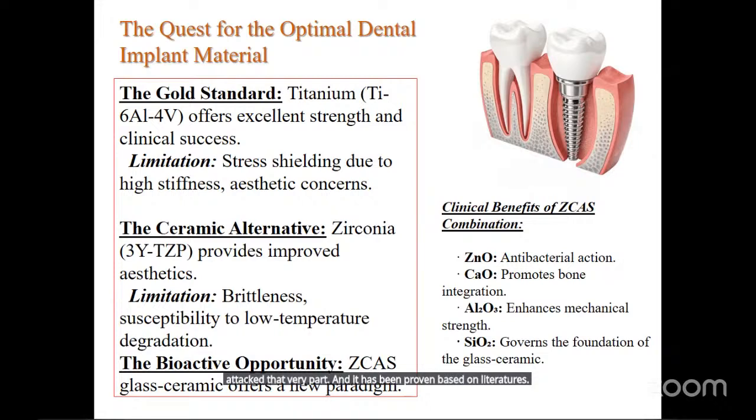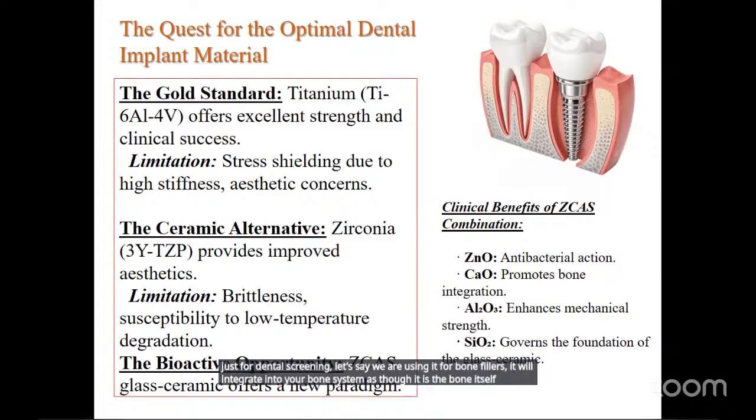So the reason we say it can also integrate is because of the viability of calcium oxide. It's like you are taking another bone to attach it to another bone. They act in the same way. So there's a tendency, if we are using it not just for a dental screw, let's say we are using it for bone fillers, it will integrate into your bone system as though it is the bone itself.